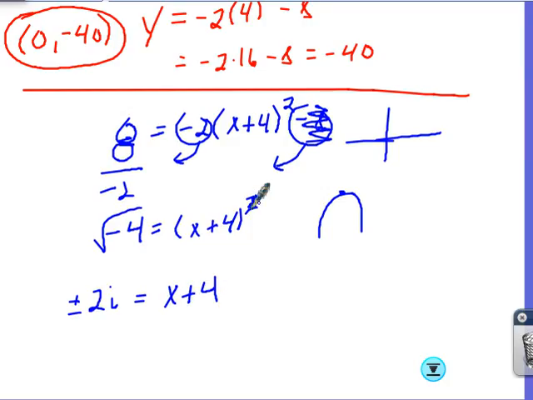Because when you square, you got to do plus and minus. To get rid of a square, you plus and minus square root. To get rid of the plus 4, you're going to do minus 4. So your two complex roots would be negative 4 plus 2i and negative 4 minus 2i. But as far as where it's going to cross, it doesn't, because it does not have real roots.